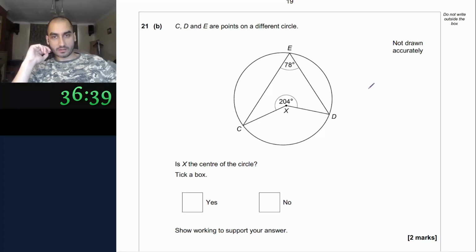If it was the center, what could we gather from that? If it was, then this would be the same as that.